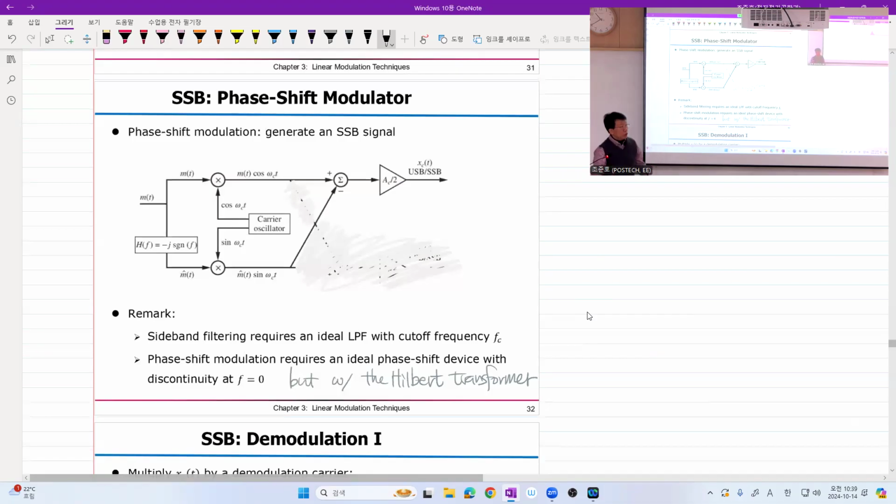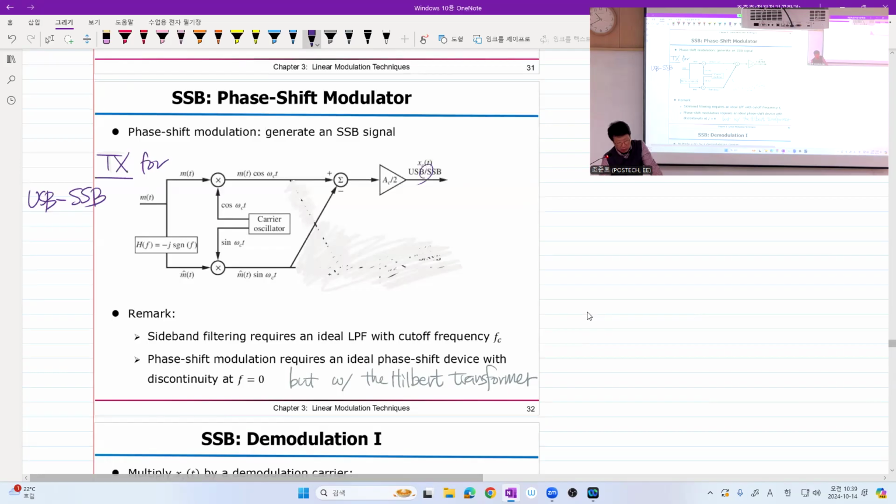Okay, so this is the block diagram of the transmitter, so TX. This is the block diagram for the upper sideband tuned SSB, or upper sideband transmitting, single sideband transmit modulator.